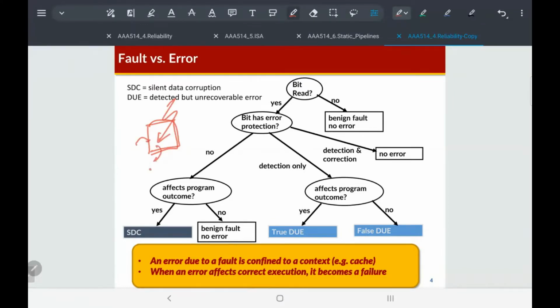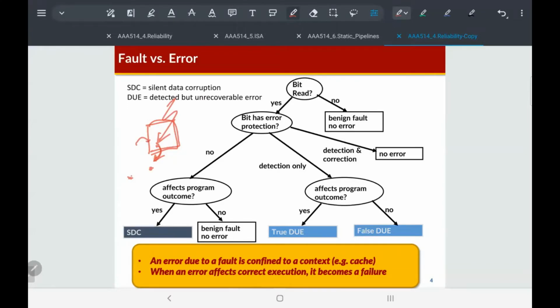But this data is not consumed by our application. It can be possible that the data is already used and stored in internal memory, such as cache. So even though this data is changed, the changed data does not cause errors in our processors. In this case, the error happens and the data is changed, but the change does not cause any errors in the system.